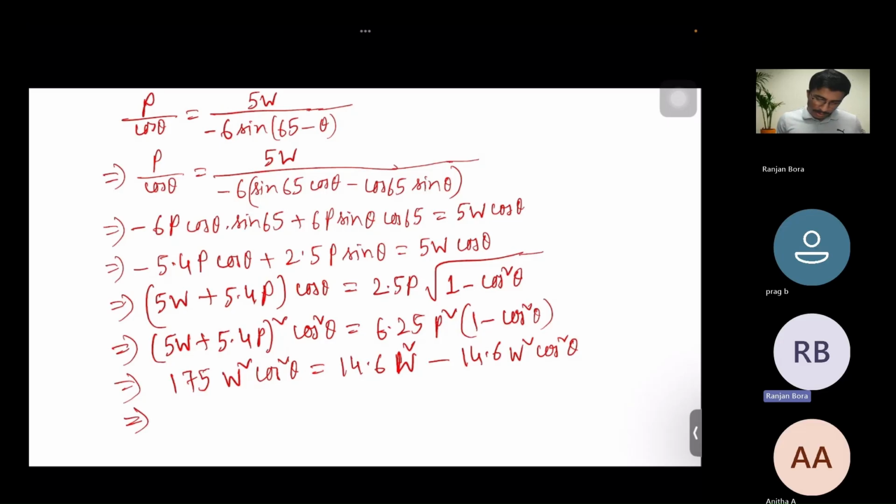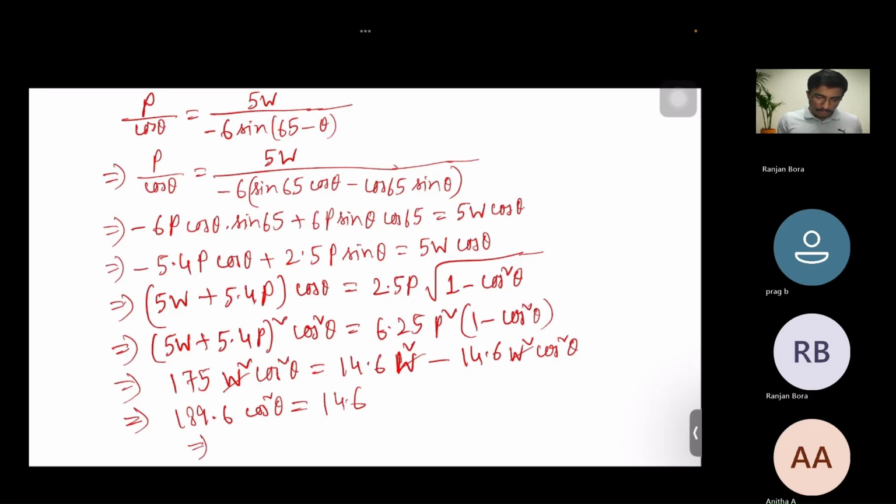So from here we'll get w square will be cancelled out. So we'll get 175 plus 14.6, 189.6 cos square theta equal to 14.6.